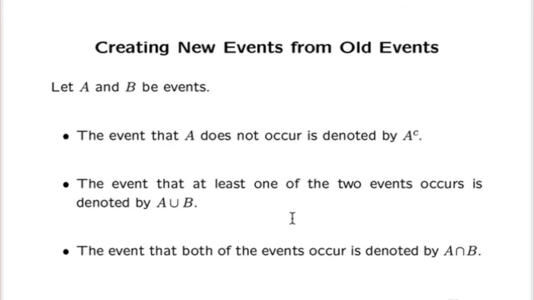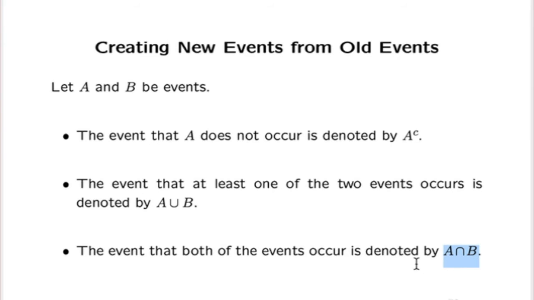And then if it makes sense to talk about the event A occurring and the event B occurring, then it makes sense to talk about the event of both events occurring. And so we denote that event using the intersection operator. All right? This is the event that both A and B occur.